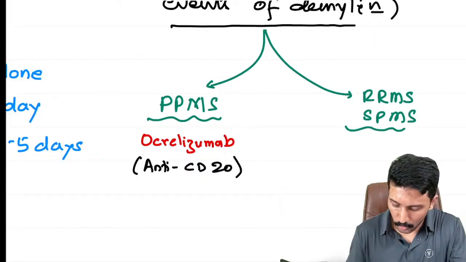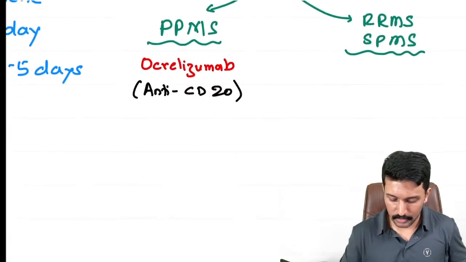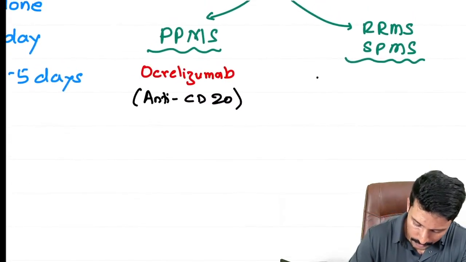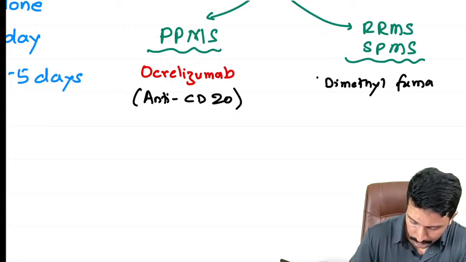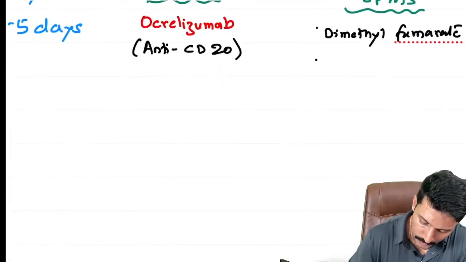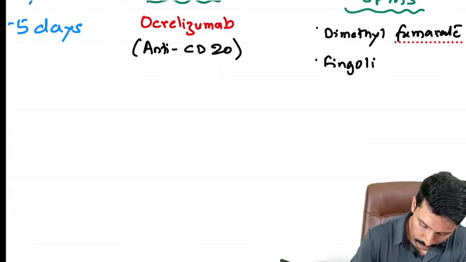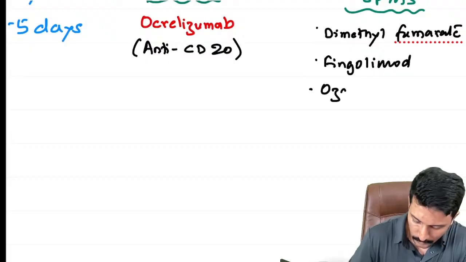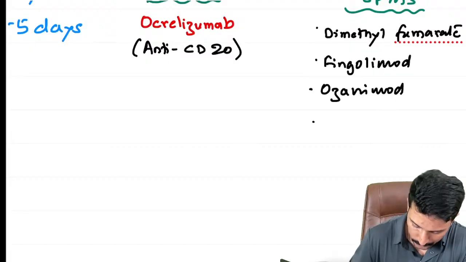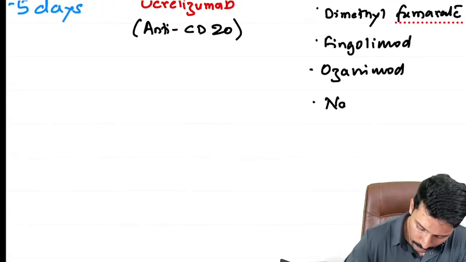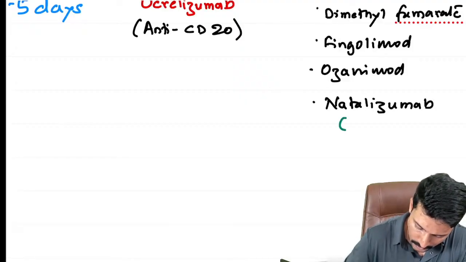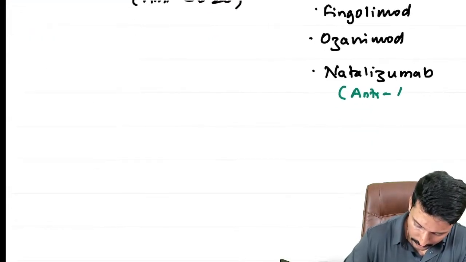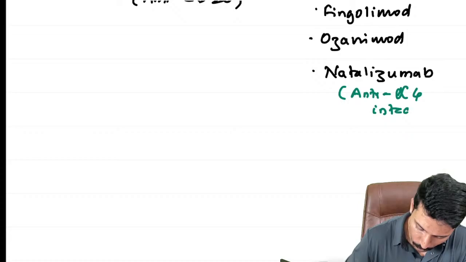But for the other types, that is relapsing and remitting multiple sclerosis and secondary progressive multiple sclerosis, we have a long list of drugs. What are the drugs we have? We have drugs like dimethyl fumarate, then fingolimod, ozanimod, siponimod, and then natalizumab, which is again an anti alpha 4 integrin monoclonal antibody.